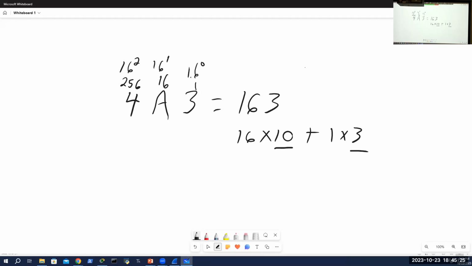So 16 would be 16 times 10, so 256 would be 256 times 100. Since I made this a bigger number, now we've got 4A3. I'll do the first digit first.